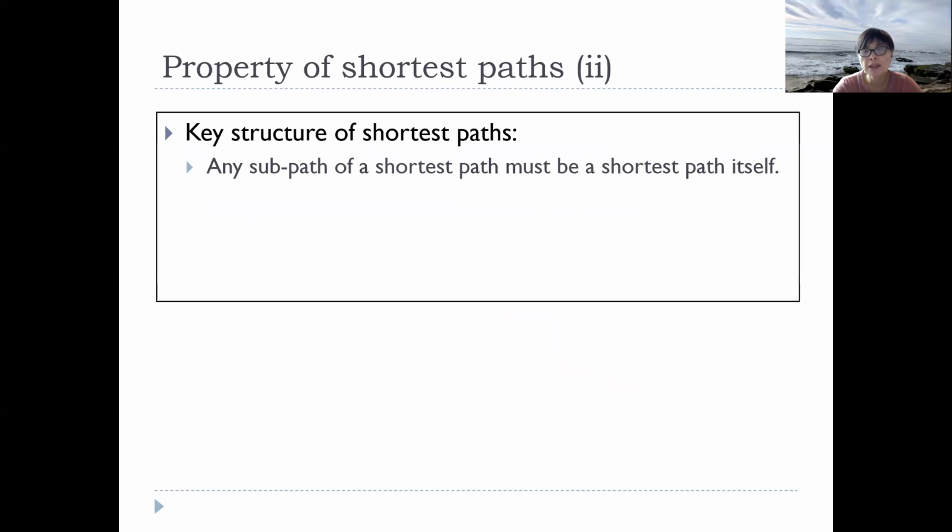The second property is that if you have a shortest path, then any subpath, say from W1 to W2, must be a shortest path from W1 to W2 as well.